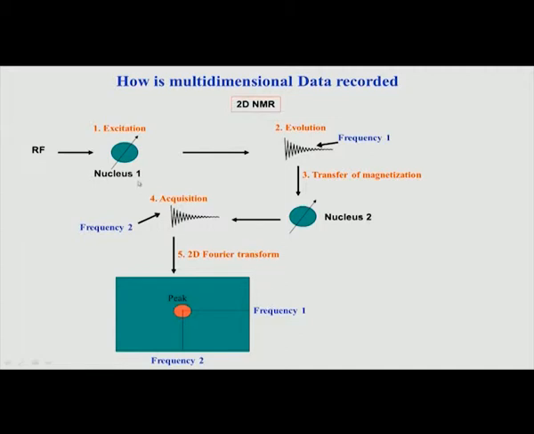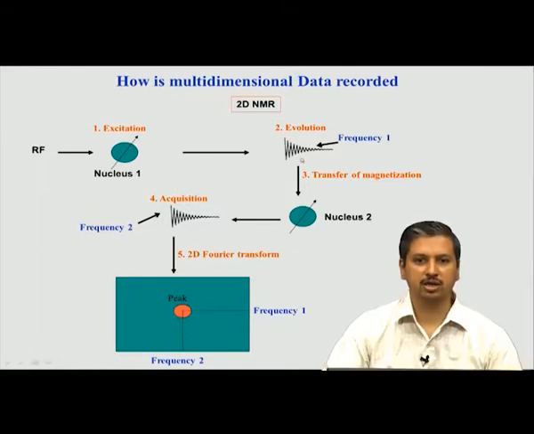So, if nucleus 1 has frequency 1 and nucleus 2 has frequency 2, because of this joint FID kind of detection, when you do a Fourier transform, frequency 2 comes here like a 1D, frequency 1 is also 1D, but together they give a cross peak at this position which corresponds to frequency 1 here and frequency 2 here.